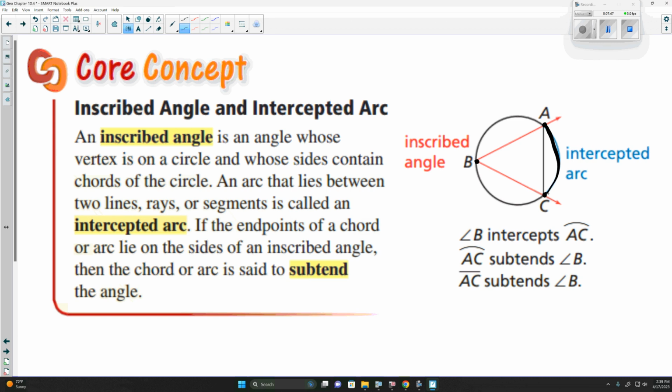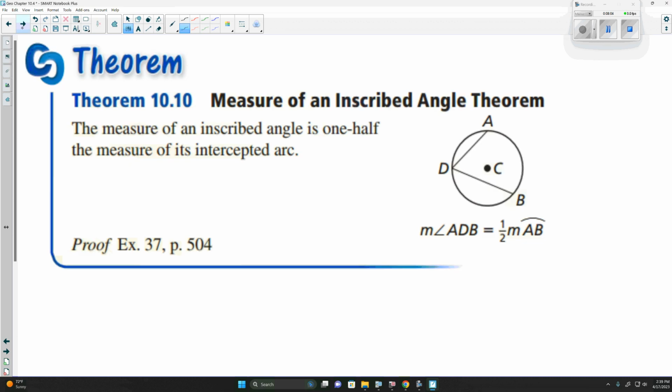Angle B intercepts arc AC. AC subtends angle B. And we have this here. We're not going to be too focused on subtend or referencing that. This is the last time we'll actually look at subtend. That brings us to our first theorem.